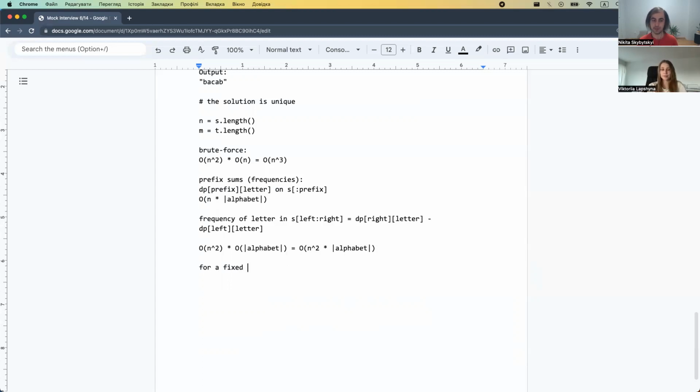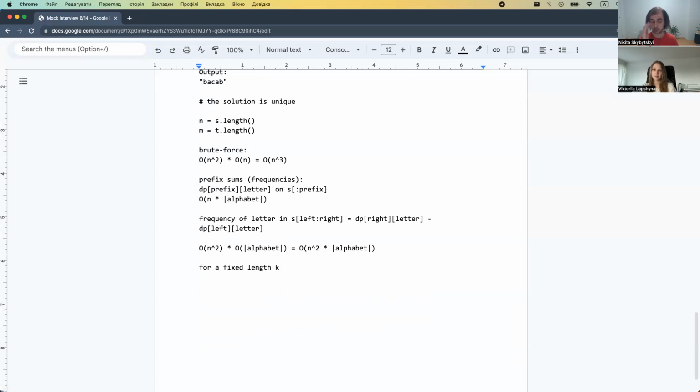So we pick some length k, and then we look at all substrings of this length, and we see, does any of them work? Yes, no. If it does work, then it means that the shortest substring that works is less than or equal to k. If it doesn't work, it means that it's greater than k.